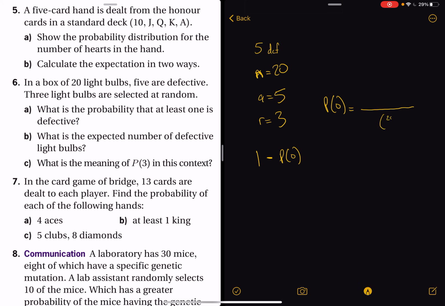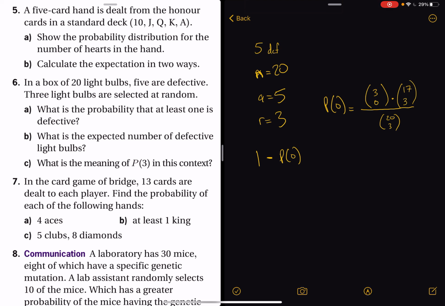So 20 choose 3. And then how many ways can I select 0? 3 choose 0, multiplied by 17 choose 3. Is that it?